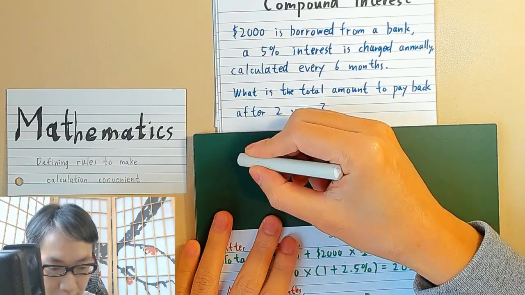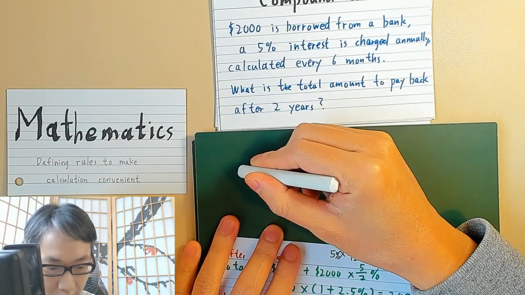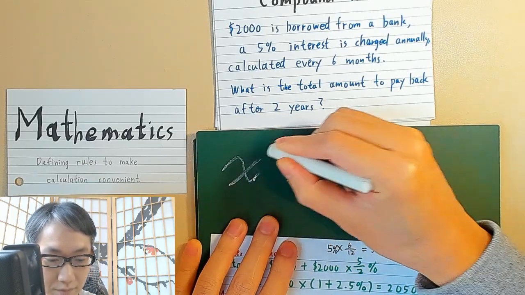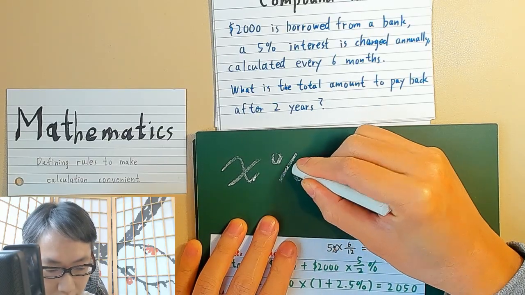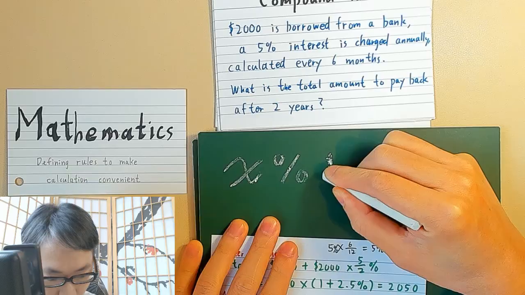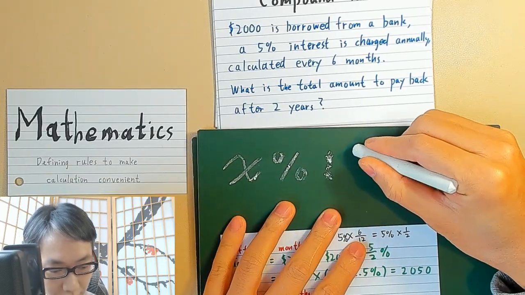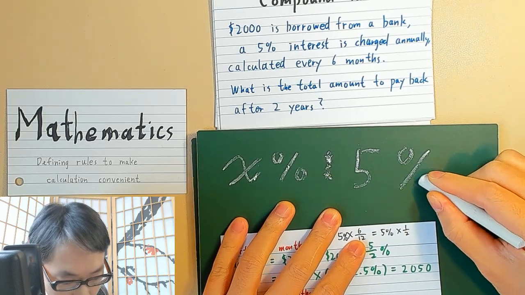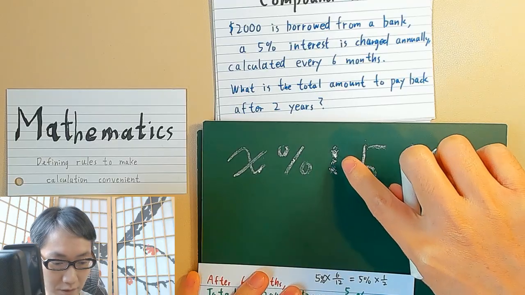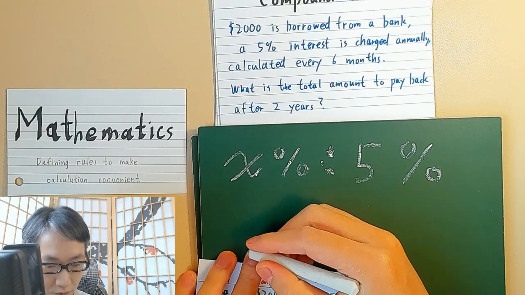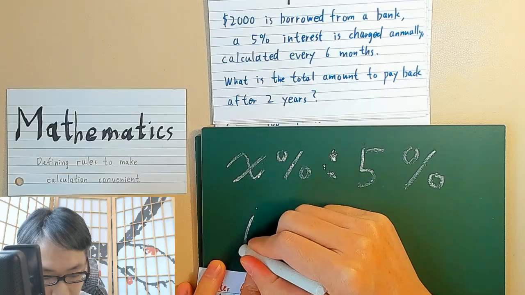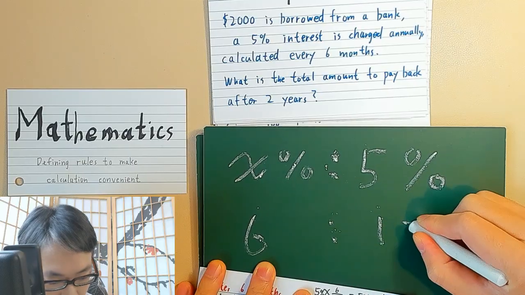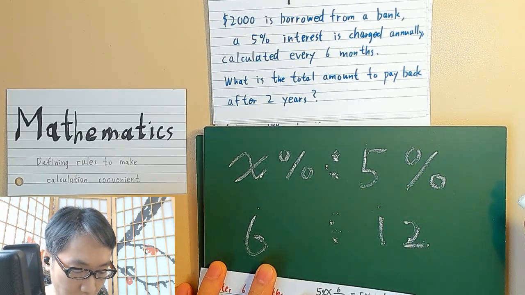So the interest rate will, let's say, be X%, which will be a portion of the 5%. But how much portion? This is the ratio: 6 months out of 12 months, because a year is 12 months.